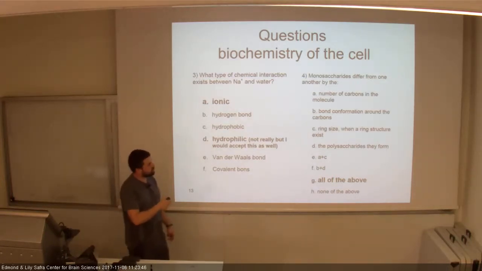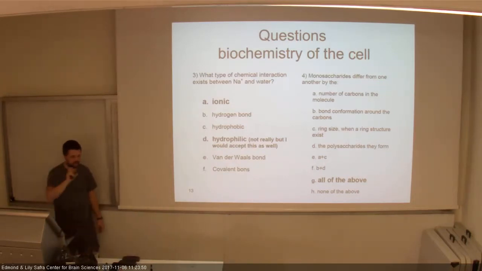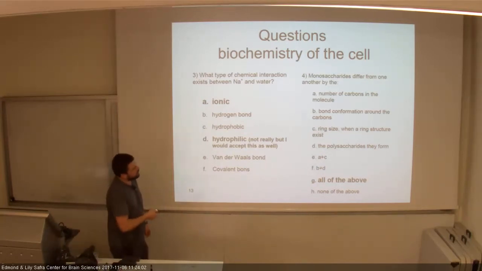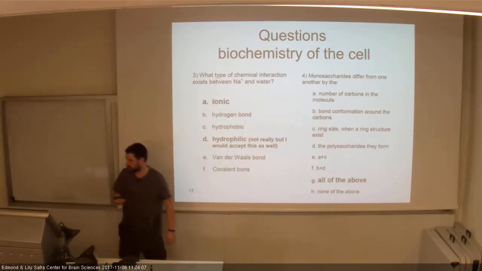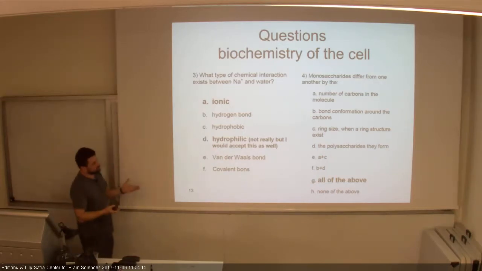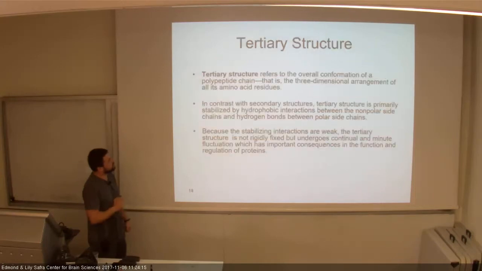Bond conformation around the carbons: I showed you that the difference between a lot of different types of monosaccharides is just the conformation of the OH and H. Ring size is different because they can be hexagons or pentagons. And obviously, the different types of monosaccharides will produce different types of polysaccharides. So it's all of the above.